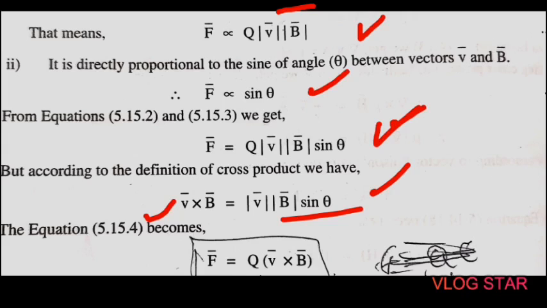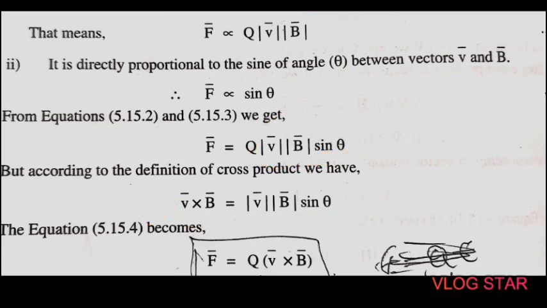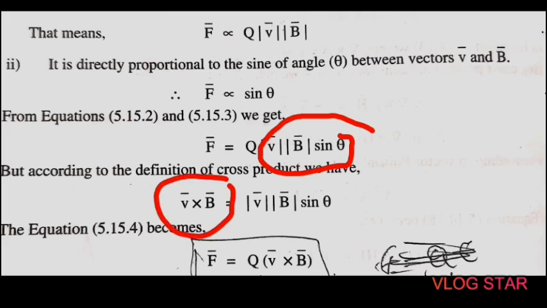So we can write F bar, the left hand side, as it is. Then we can take V B sine theta as V bar cross B bar by using the definition of cross product. Instead of this whole term we can write V bar cross B bar. So we get F bar is equal to Q as it is into V B sine theta, which is equal to V bar cross B bar.